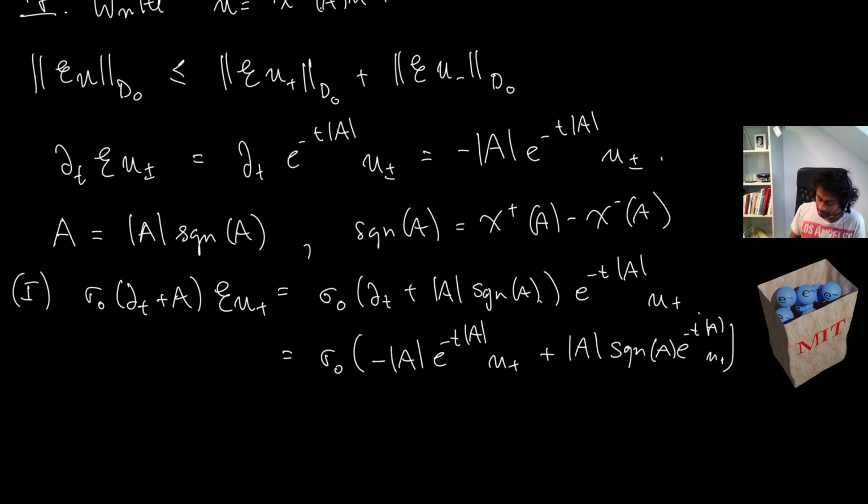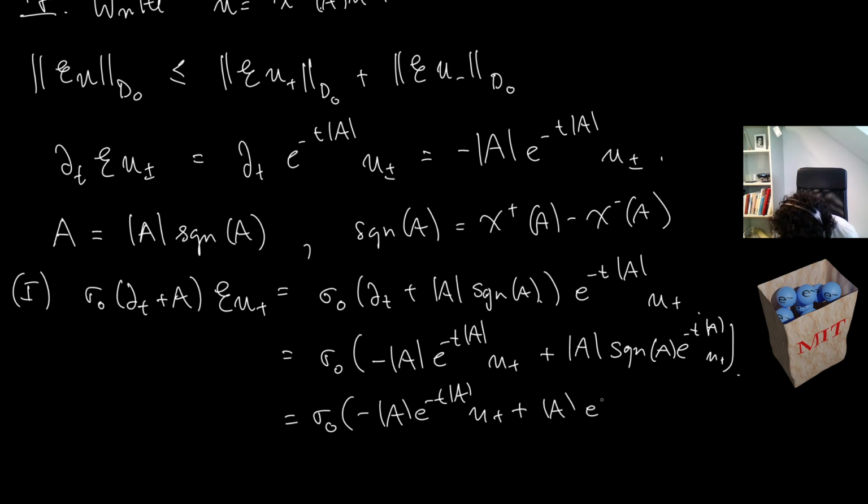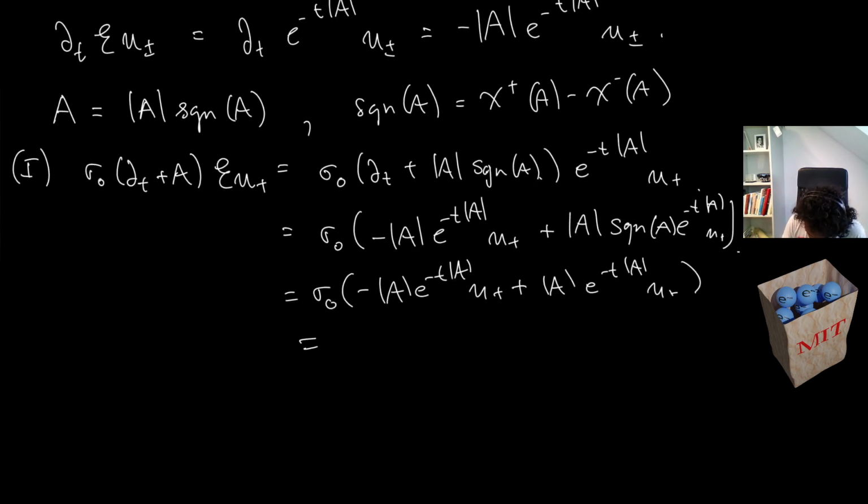So this is really where we need to note that the range of this e to the minus ta is again in chi plus. So chi minus kills it. So we're no longer left with this chi minus term in this second expression. That means we get negative modulus a e to the minus t modulus a u plus, and then plus modulus a e to the minus t modulus a u plus, sorry. So this is equal to 0.